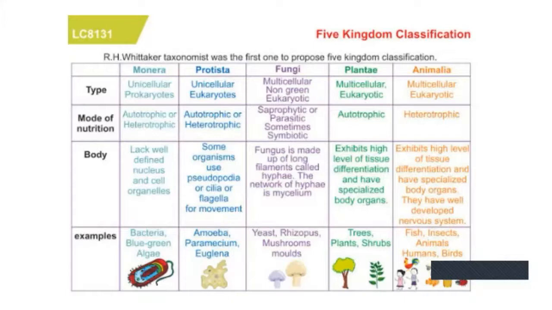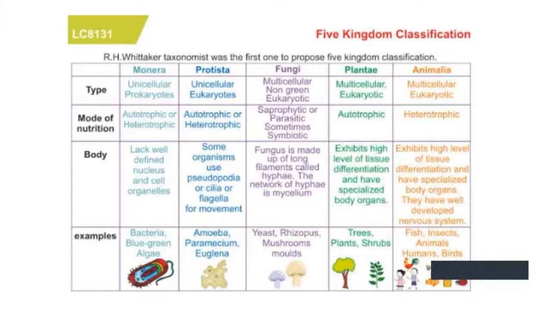Under the kingdom Monera, unicellular prokaryotes come. Under Protista, unicellular eukaryotes come. You know about prokaryotes and eukaryotes.